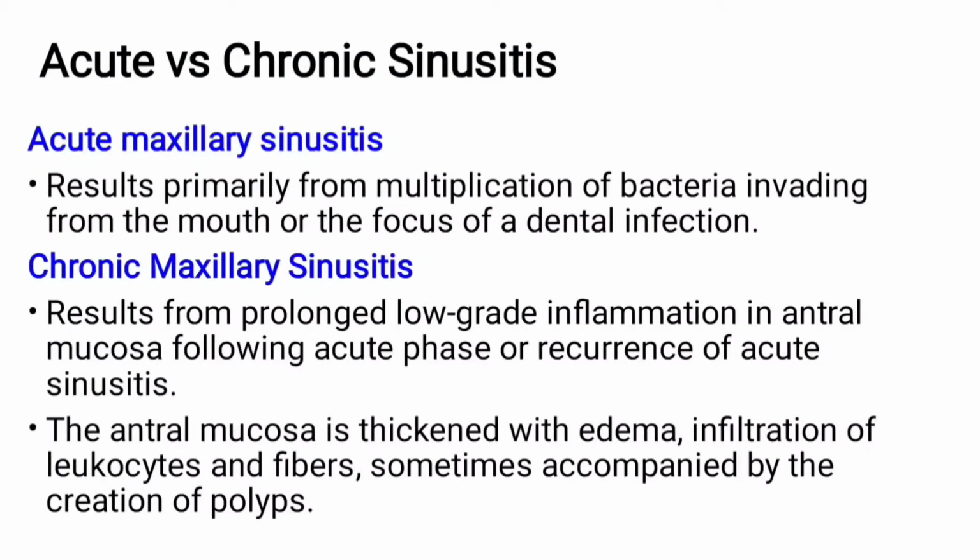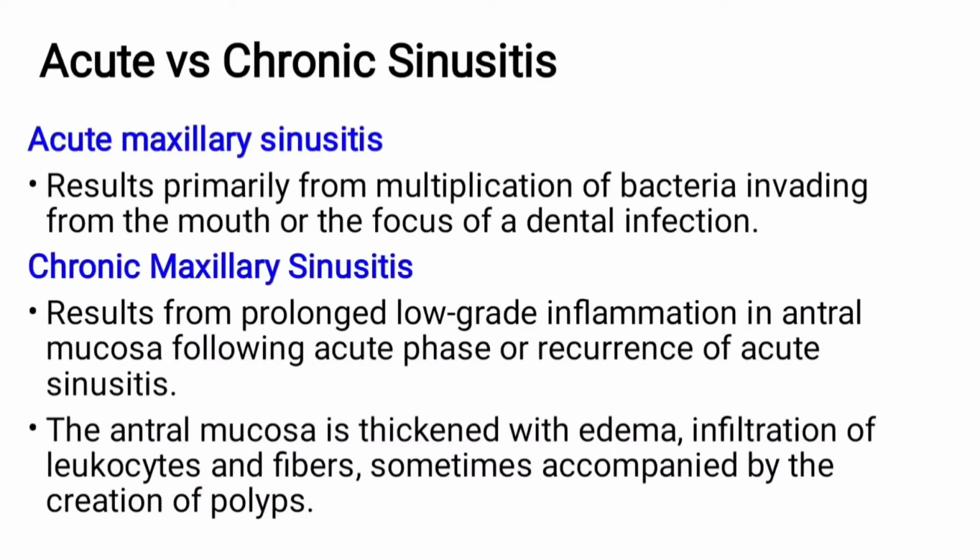Usually acute maxillary sinusitis is caused by multiplication of bacteria invading from the mouth that exceeds the limit of the immune response of the patient, while chronic maxillary sinusitis results from prolonged low-grade inflammation.